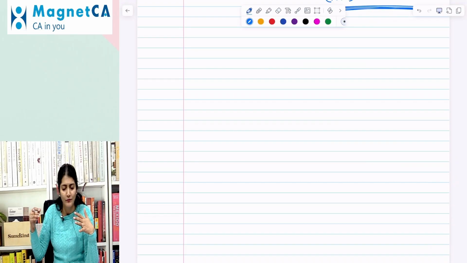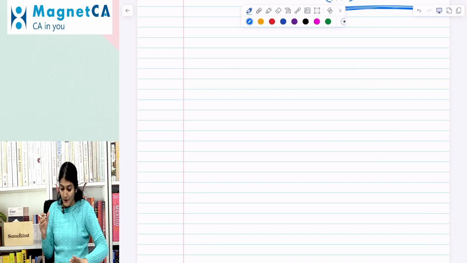Clause 11, fraud. Clause 12, Nidhi company. 13, related parties. 14, internal audit. 15, non-cash transactions. 16, registration with RBI and NBFC. 17, cash losses. 18, resignation of statutory auditors. 19, material uncertainty regarding the ability to meet the liabilities. 20, CSR, and 21, CFS, that is the consolidated financial statements.